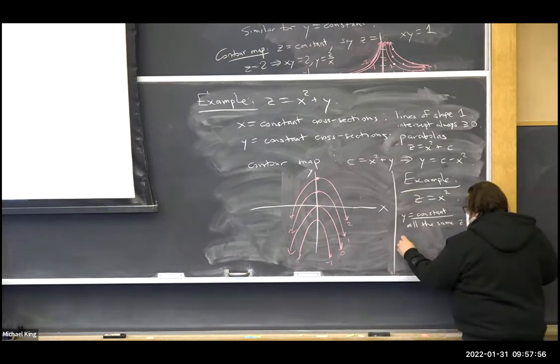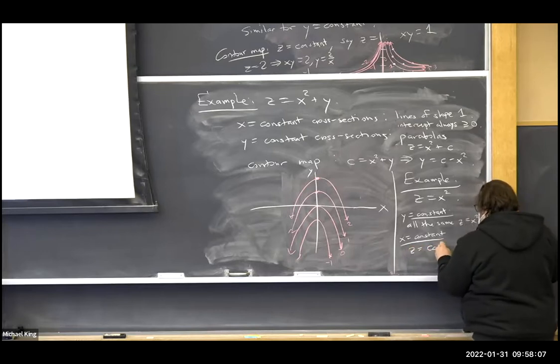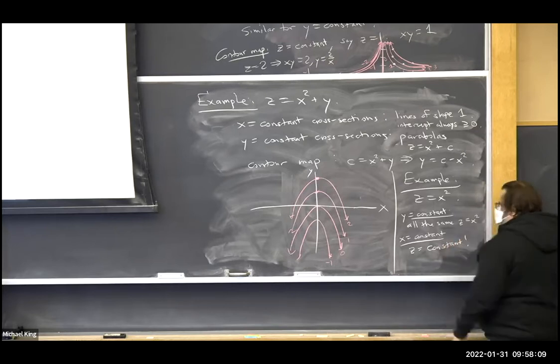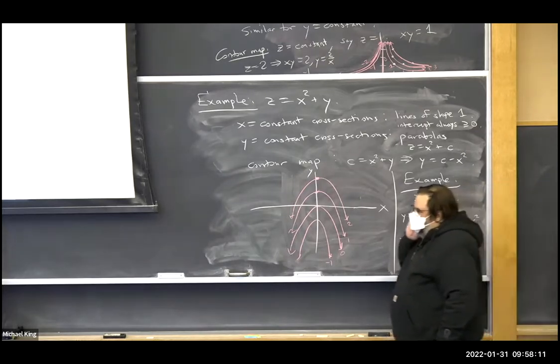X equals constant cross sections are sort of interesting because you get z equals constant. Does that make sense?